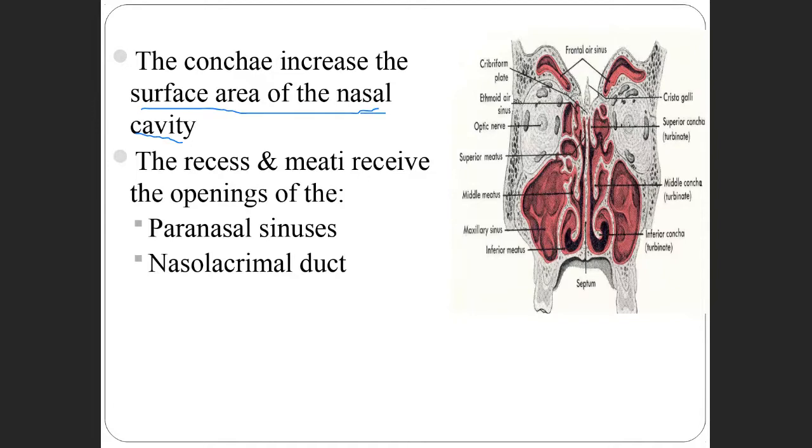And then what do they contain? These conchae, as I already told in the beginning, contain the openings of the paranasal sinuses and the nasolacrimal duct. So where is it present? The nasolacrimal duct. Can anyone answer?